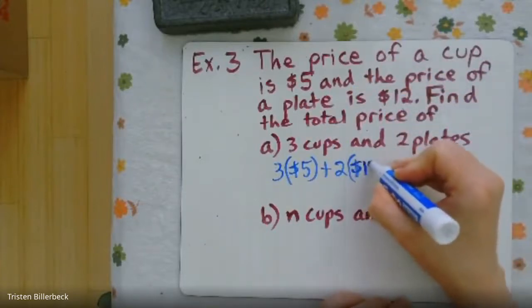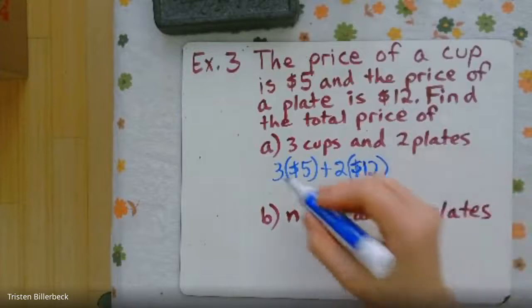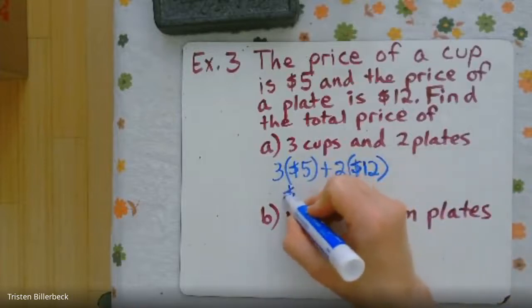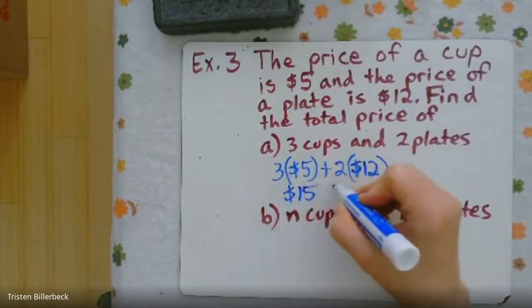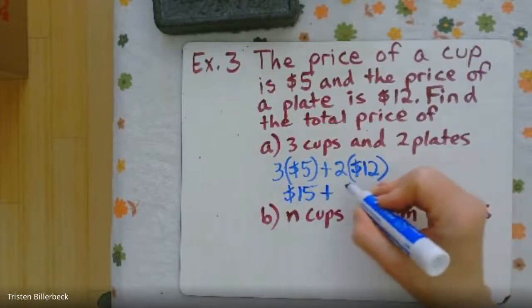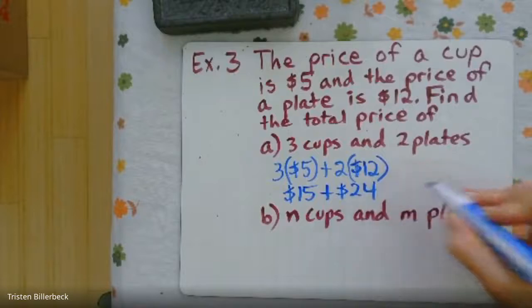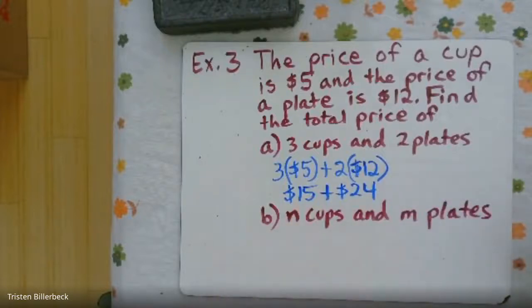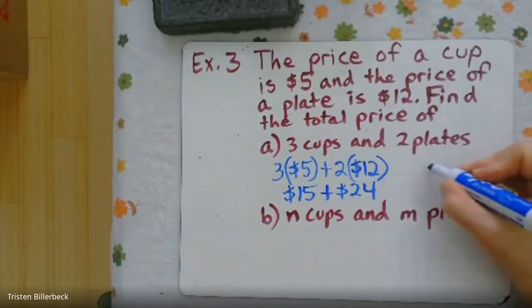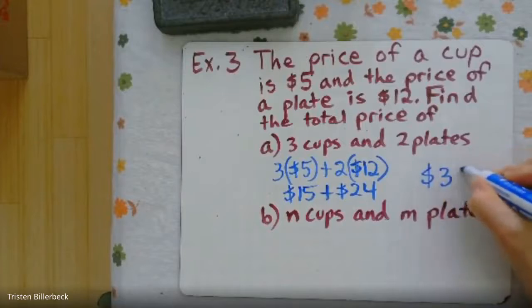So we're going to write $12. So 3 times 5 is $15, plus 2 times 12 is $24. So 15 plus 24 is $39.